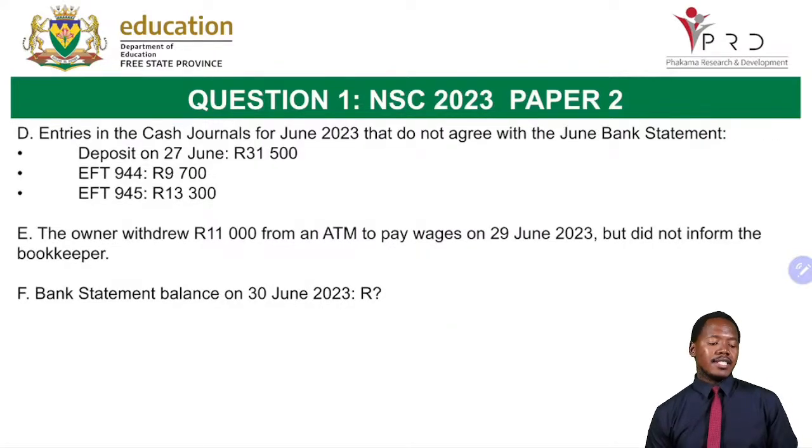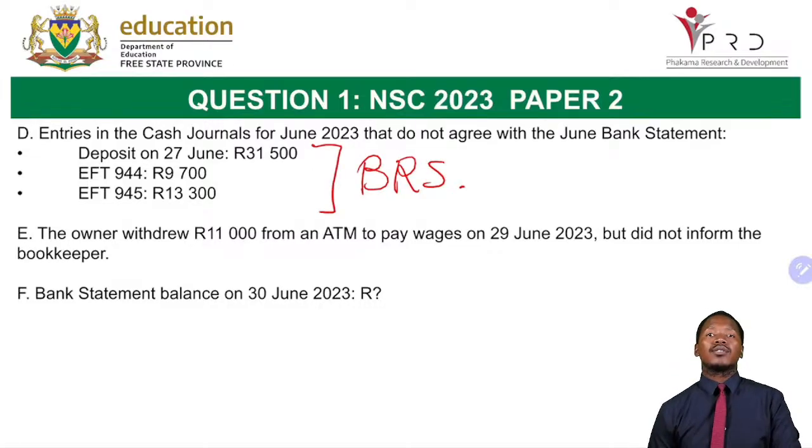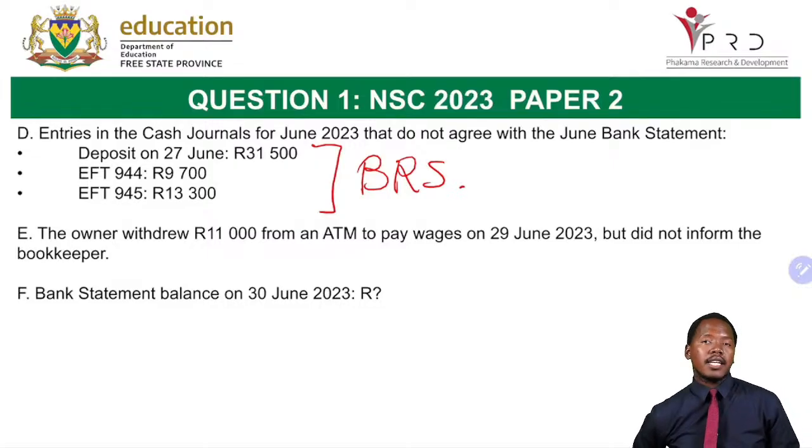And then information D, there we have it. Entries in the cash journals that do not agree with the June bank statement, meaning all of these entries, as we will learn later on, need to go to our bank reconciliation statement. And then information E, the owner withdrew 11,000 from an ATM to pay wages on 29 June 2023, but did not inform the bookkeeper.